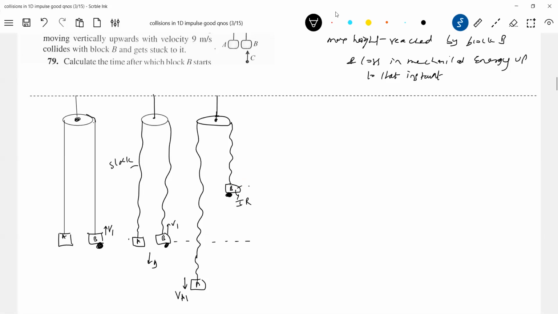This is at t equal to 0. This is just greater than 0. This is at a certain time, let me call it t equal to t1. Can we write anything? So the height the block A descends is the same height the block B will ascend.